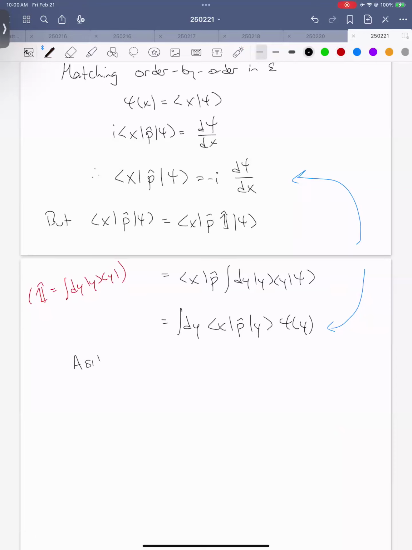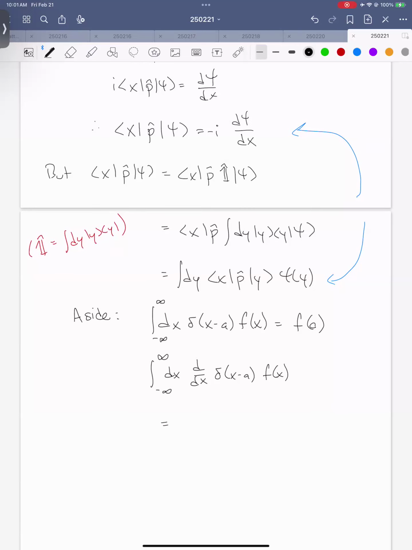So just as a quick aside, the integral dx delta(x minus a) f(x) is f(a). And let's be a little bit careful. If I have the integral from minus infinity to infinity of dx, d by dx of delta(x minus a), times f(x), I don't necessarily know how to deal with that as it's written, but I can always integrate by parts.